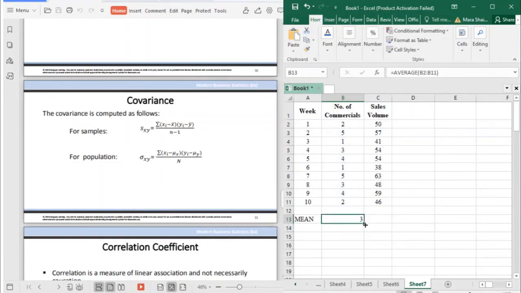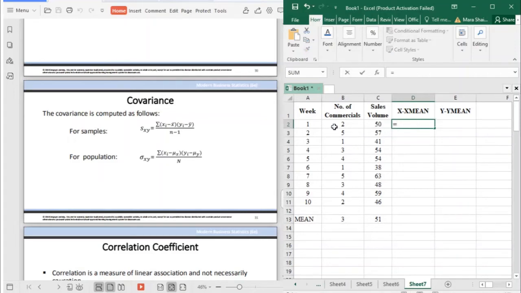We have a mean of 3 for the x value and a mean of 51 for y. So that is our mean. This is your x minus your mean, and this section is your y minus your mean. Let's place the mean of x here, and this one is the y mean.